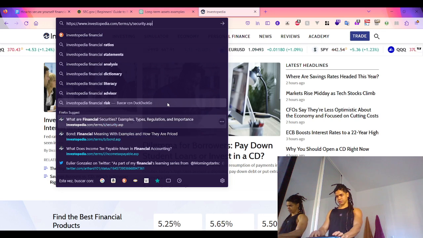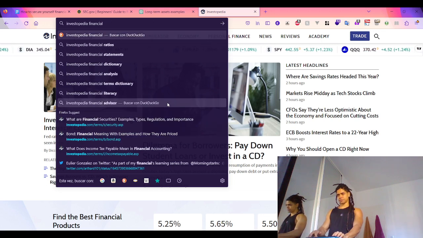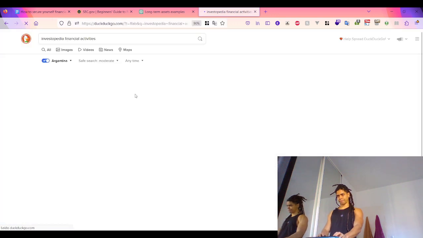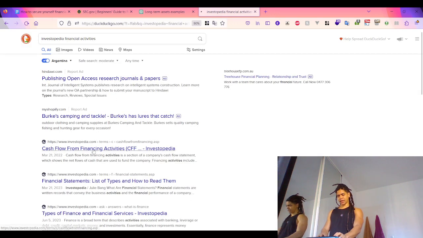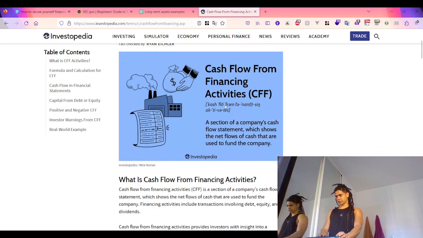Bonds, financial activities. So cash flow from financing activities, CFF.